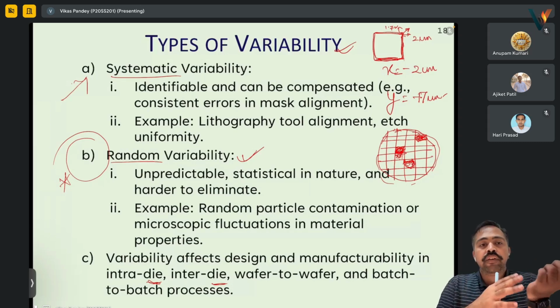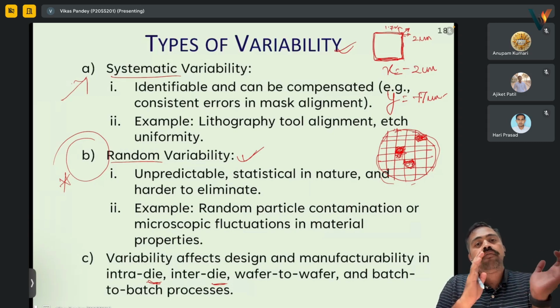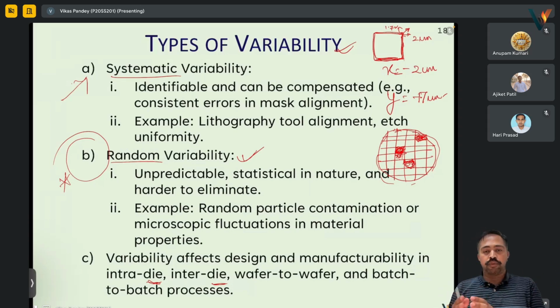So that kind of error is systematic, where I know that such a change has occurred. So now I have to change the whole process, and manage the whole process based on these changes.